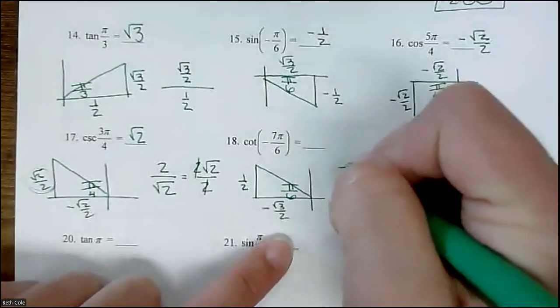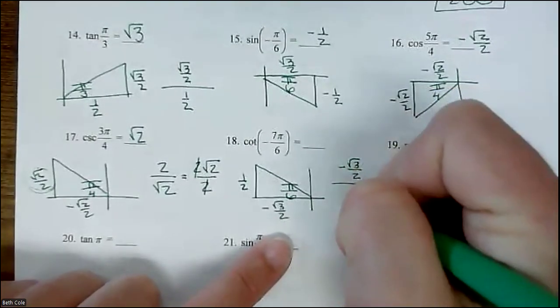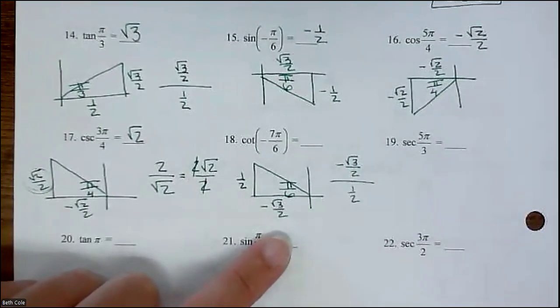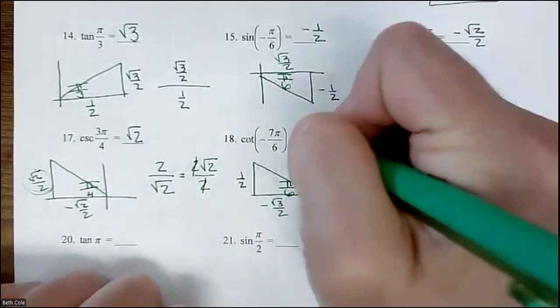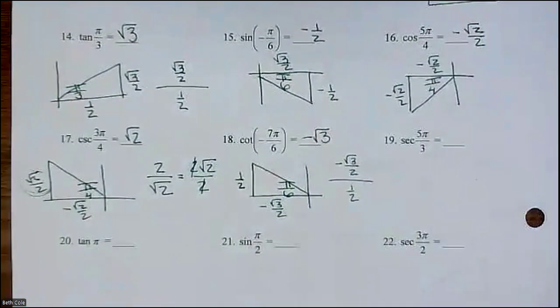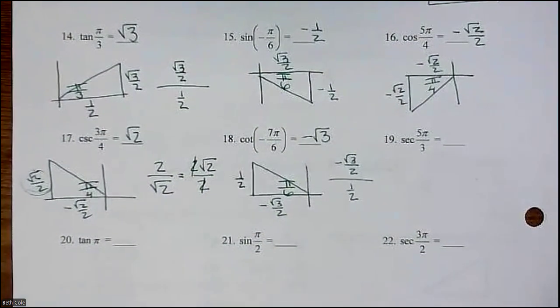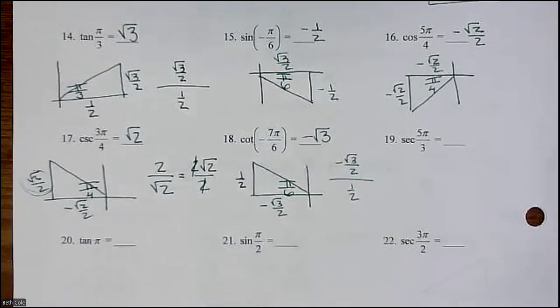X over y. So it's going to be this one over this one. And if you can do that in your head, you don't have to write it. But it's this one over this one, which is going to reduce down to negative square root of 3. Just watch your negatives. That's usually the only thing that gets people, because one of the wrong choices in multiple choice is going to be the positive version.